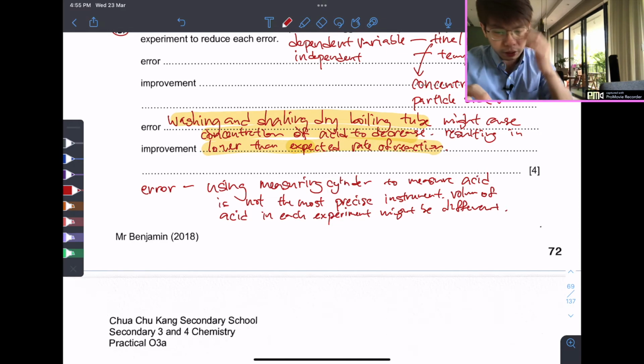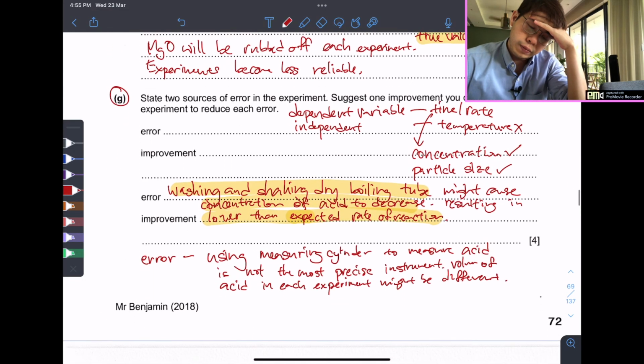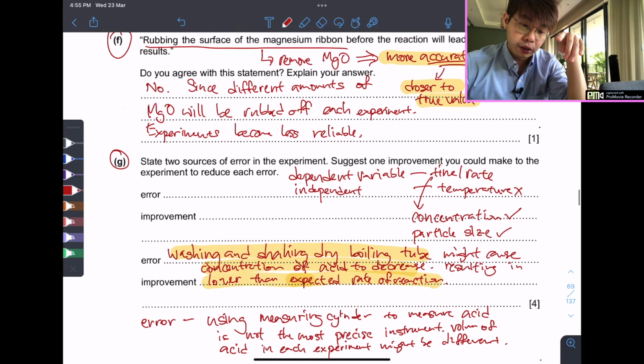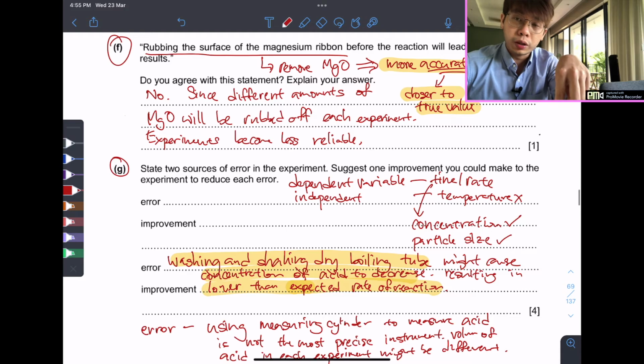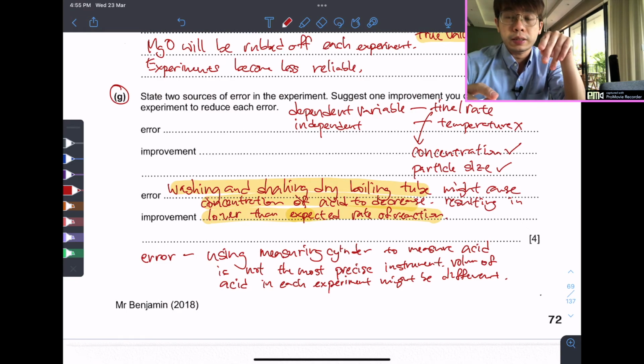Okay, so what other sorts of errors can we look at over here? I wouldn't say the part about excessive heat loss to the environment, because that's what we are changing. The other one would be, of course, we can't say the magnesium ribbon because that is repeated over here. So we cannot repeat the magnesium ribbon, but we can say that the size of the magnesium ribbon, because now we are just basing on length.